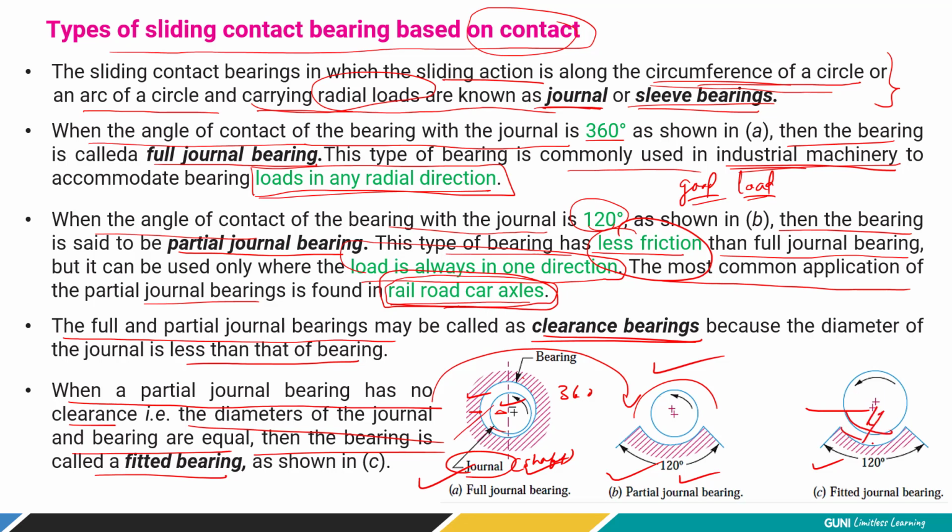So both curvatures have a common center. That kind of partial bearing is referred to as a fitted bearing. In the second figure, you may see that the centers are not matching. Here there are two different center marks, so this is referred to as a partial journal bearing. But in this case, you have the same diameters, meaning their centers are matching, or coinciding.